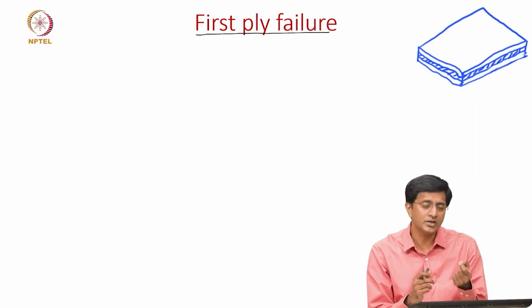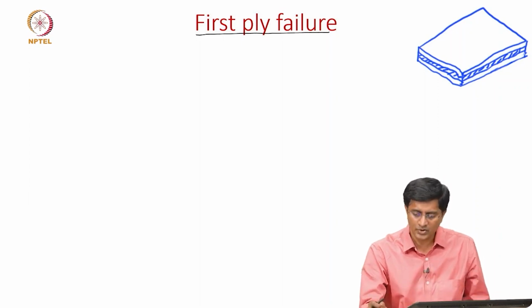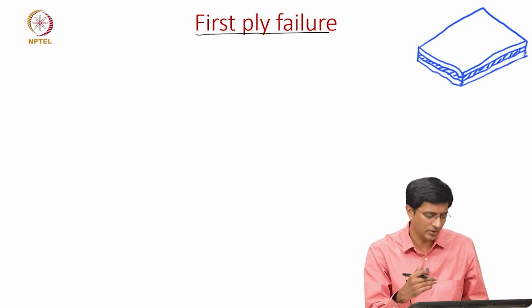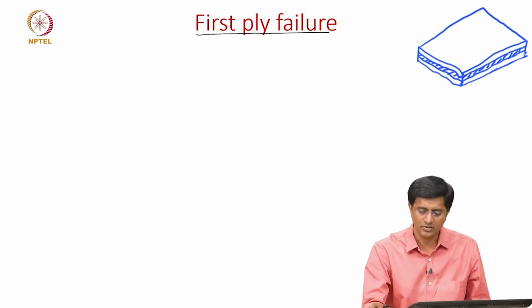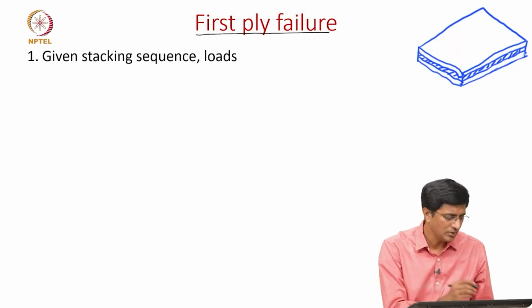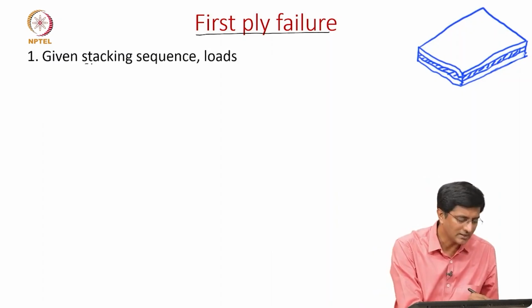For this, we can again use the classical laminate theory that we have discussed. Here I'll be showing you in several steps how to predict this failure. The first step is to say that we are given a stacking sequence.